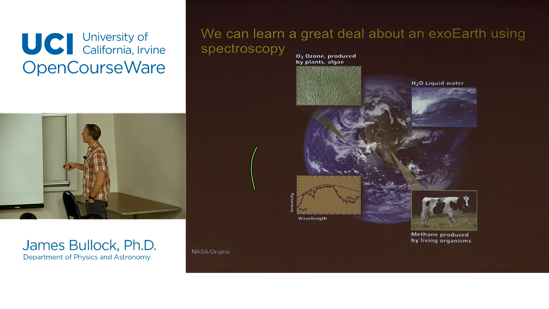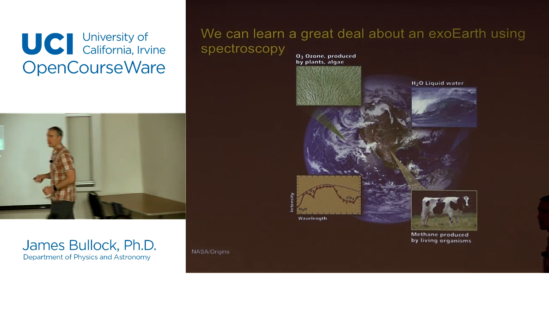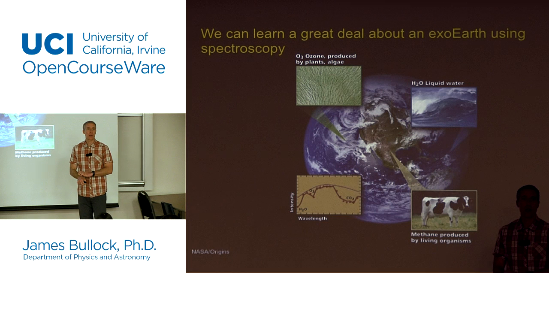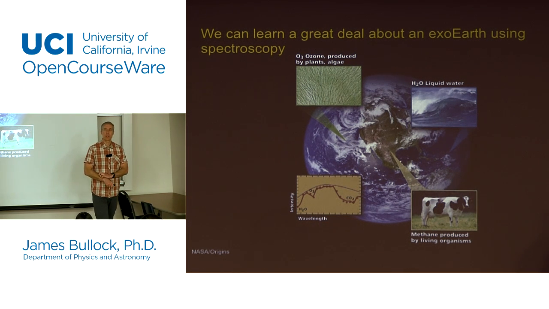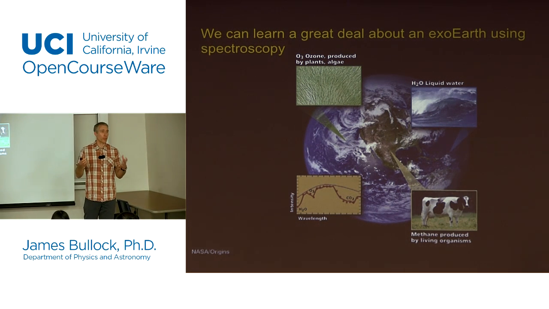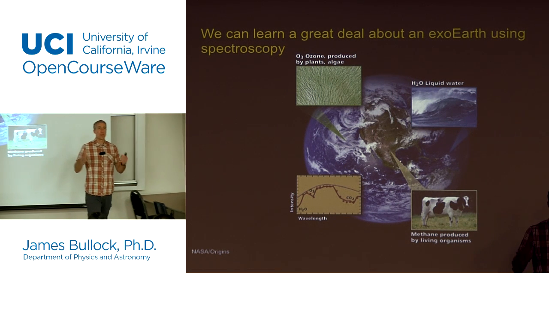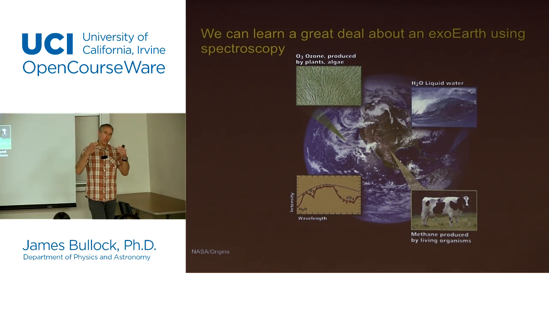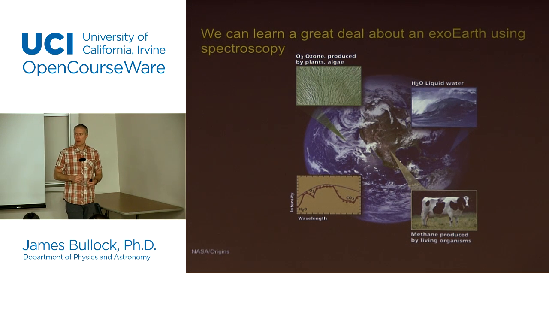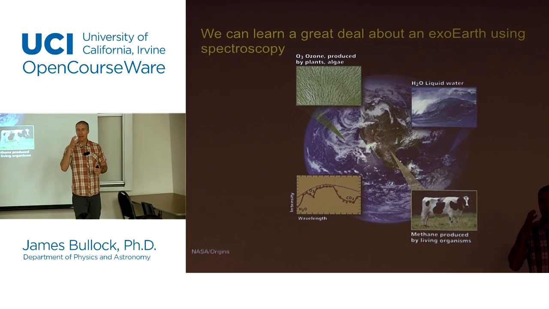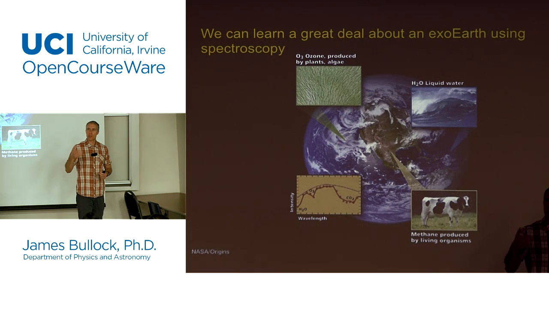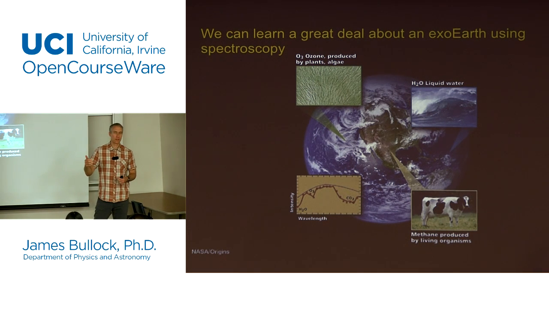So how would you go about looking for these kinds of things? Well, the way you can do it is via spectroscopy. It's the same method that I talked about using to determine what the composition of stars are. So it's this idea of you have light shining through a gas of some kind, and the gas preferentially absorbs certain wavelengths of the light.